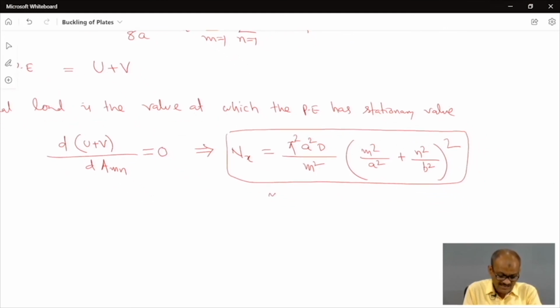This is the same expression derived by using the equilibrium approach.